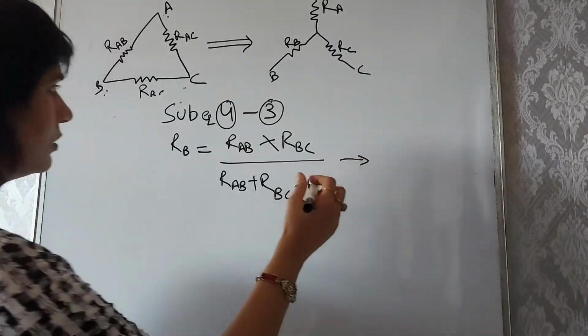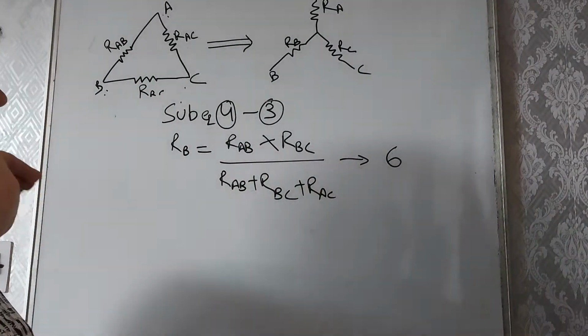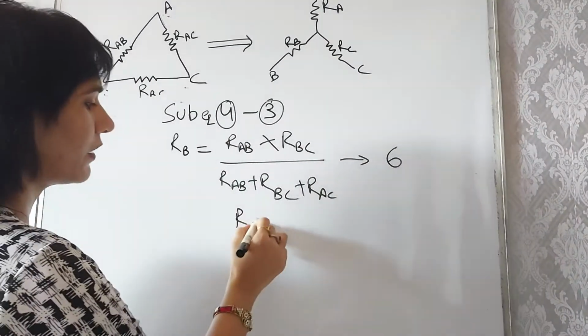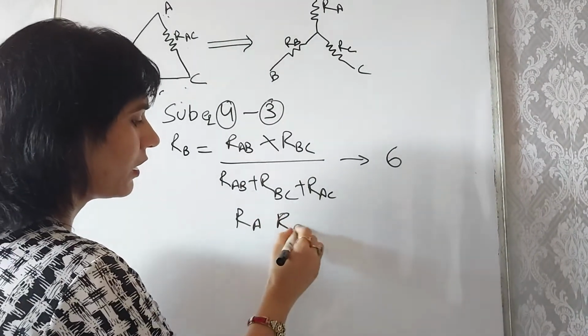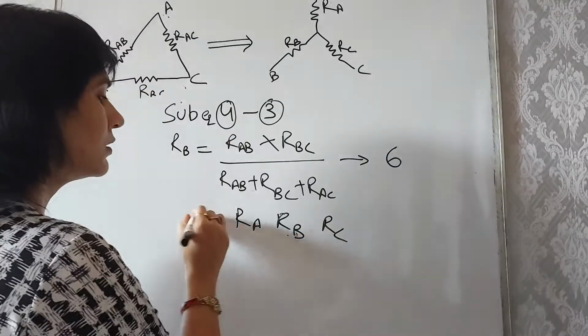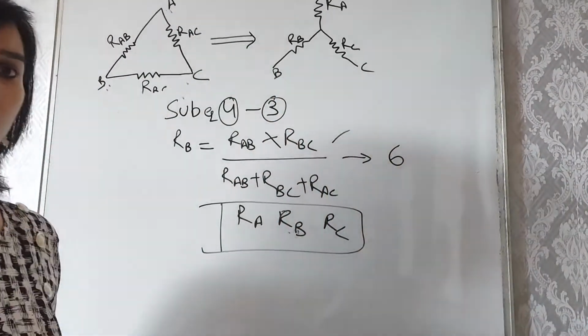In this way we are getting 3 equations of RA, RB and RC. This is the proof of how we get these formulas.